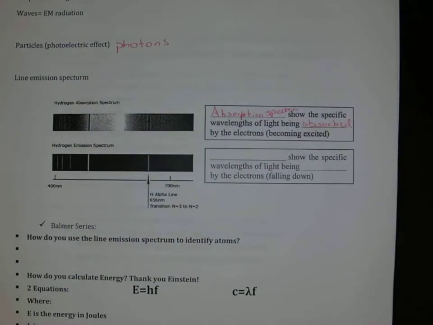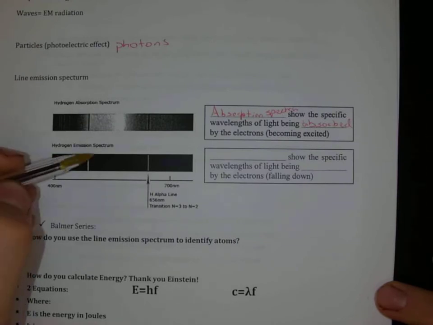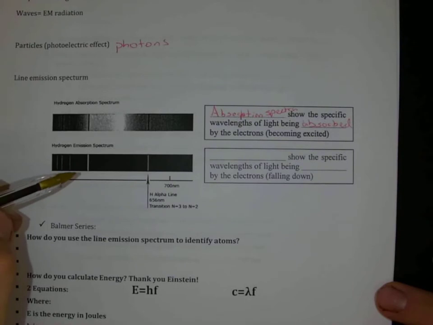This is the amount of energy that is being absorbed when an electron starts at the ground state and jumps to the excited state. When we have this emission spectra, you'll see that the emission lines line up with the absorption spectra. Now the electrons are in higher energy levels, and it's going to be releasing that energy and dropping down to a lower energy level.